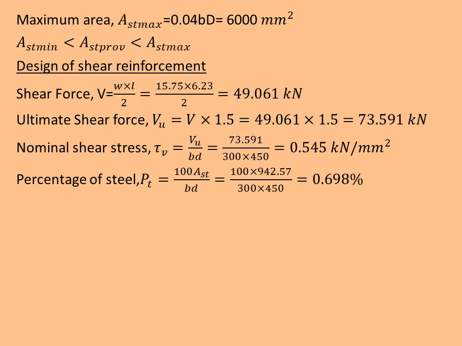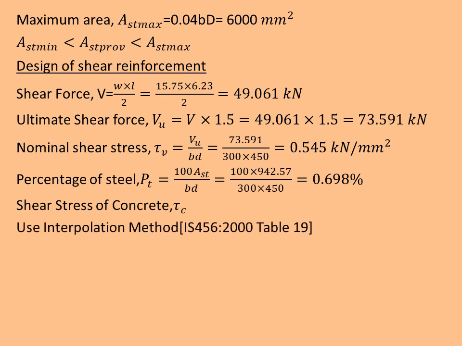With this percentage of steel as well as the grade of concrete, we find the shear stress of concrete, by the interpolation method from the code IS 456:2000, table 19. Why? Because the value is in between two PT values as well as two grades of concrete.